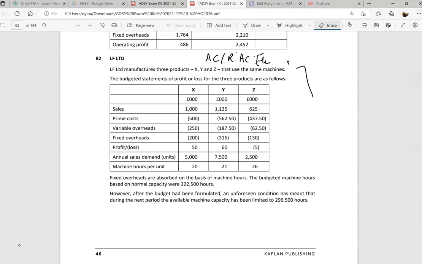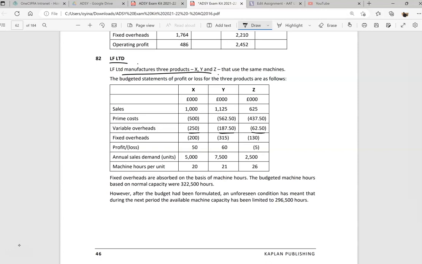So let's be familiar with this. What do we have? LF Limited manufactures 3 products, X, Y, and Z, no problem. It gives us some information. We're purely interested in contribution, so contribution will end here.